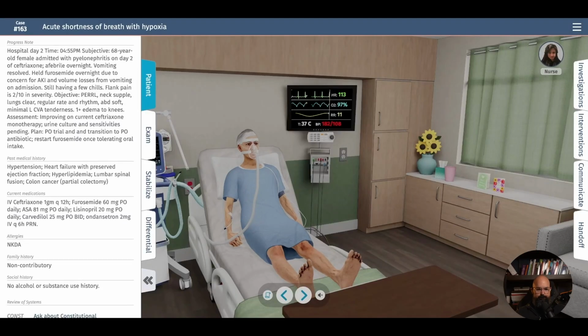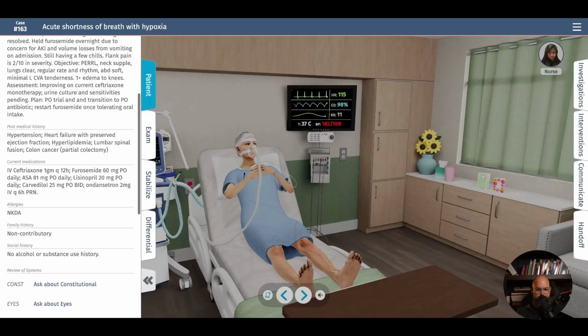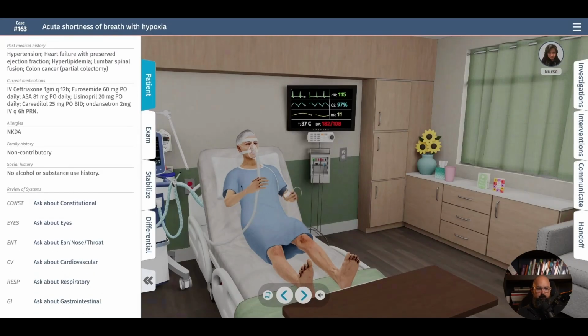Past medical history: hypertension, heart failure with preserved ejection fraction, hyperlipidemia, lumbar spinal fusion, and colon cancer with a partial colectomy. Current medications include IV ceftriaxone, furosemide, aspirin, lisinopril, carvedilol, ondansetron. Okay. No drug allergies, non-contributory family history, no alcohol or substance use.